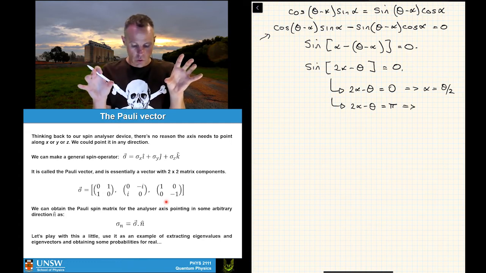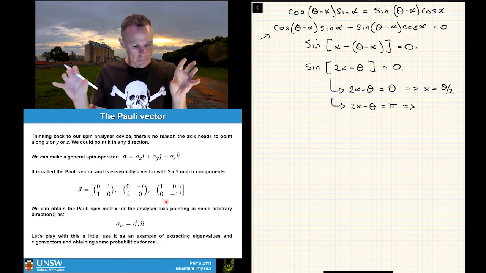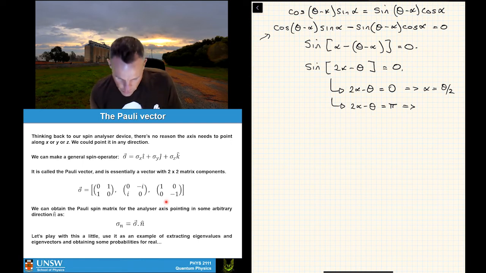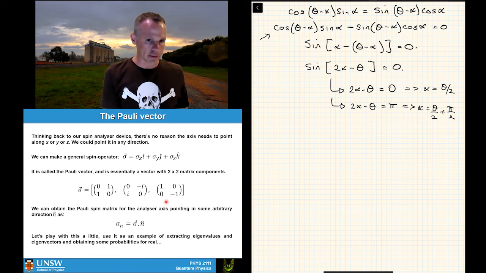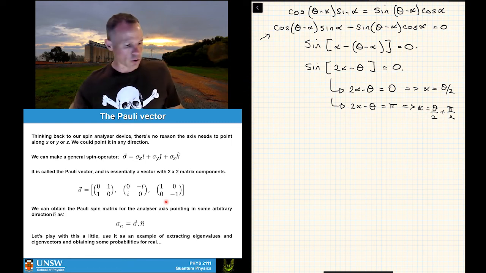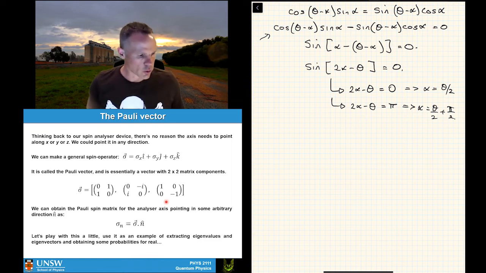So we take the theta over to the other side and divide by 2. So here we have alpha is equal to theta on 2 plus pi on 2. You can imagine that the modulo solutions hang out the back of that, but they're all equivalent, and so you don't really need them. Okay, so these are now our two solutions, and we can deal with them one by one.